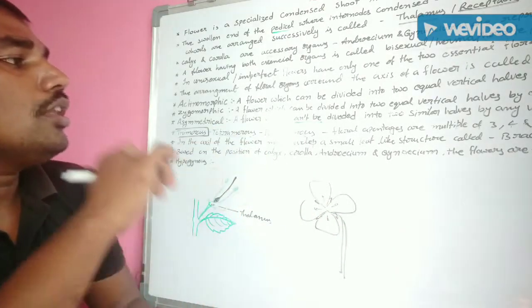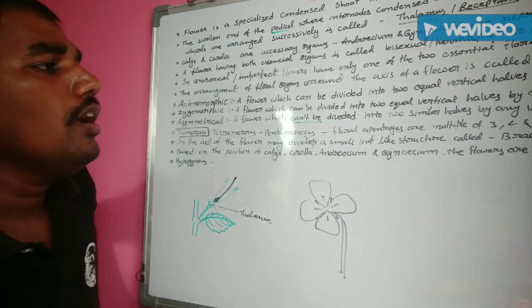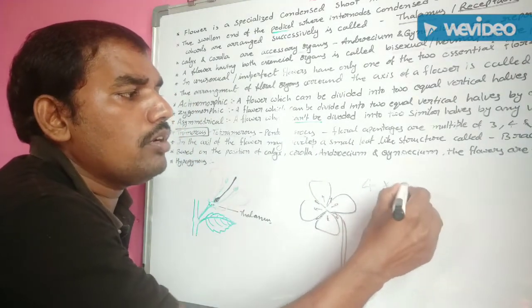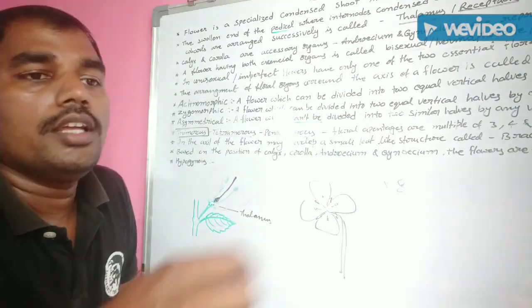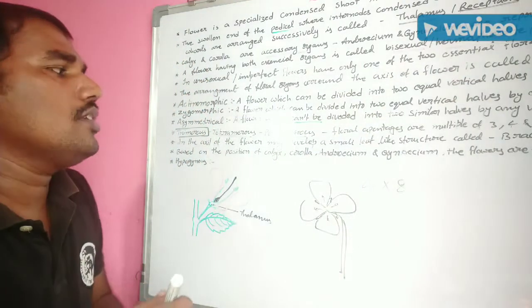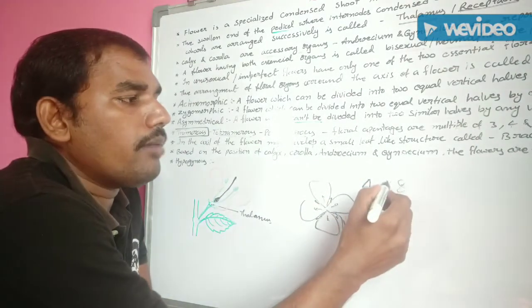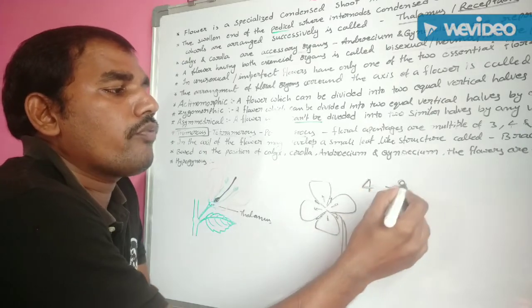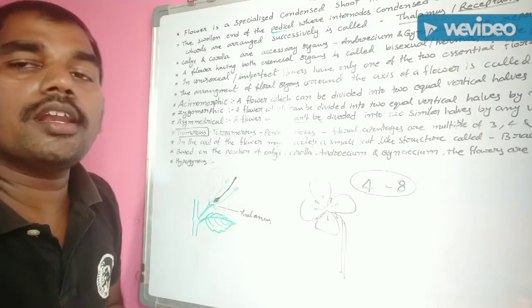This means the floral appendages in tetramerous are either 4 or multiples of 4, that means 8. Multiples of 4 floral organs are present in these tetramerous flowers.